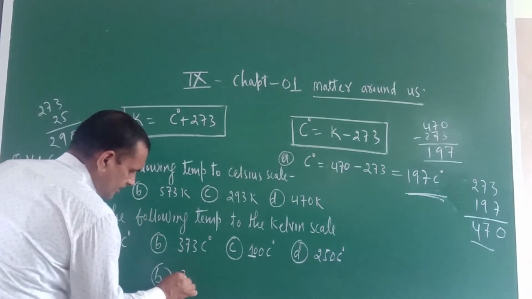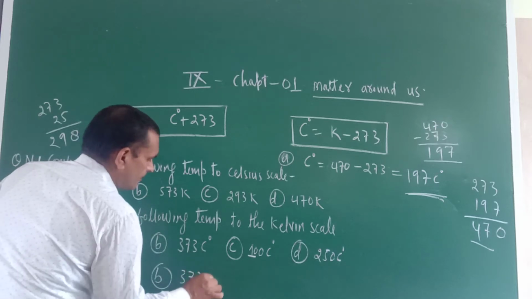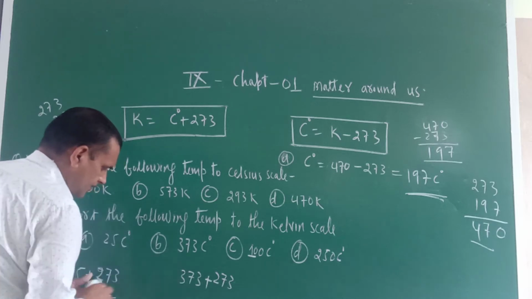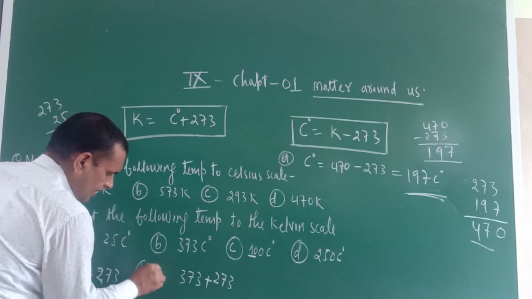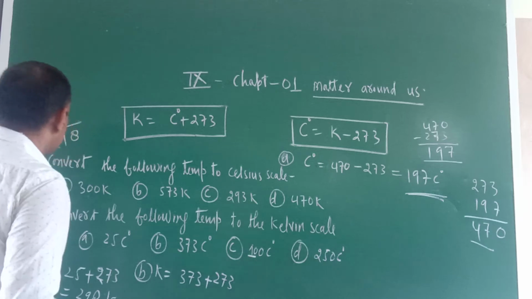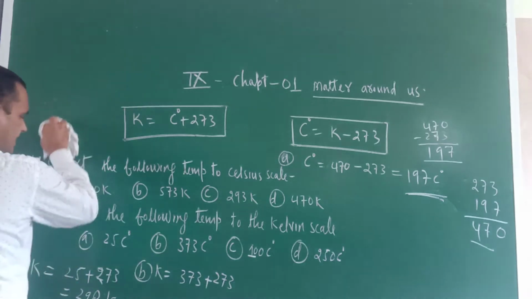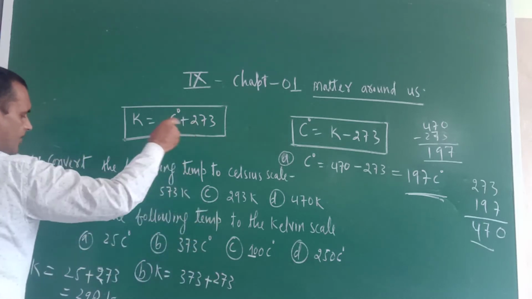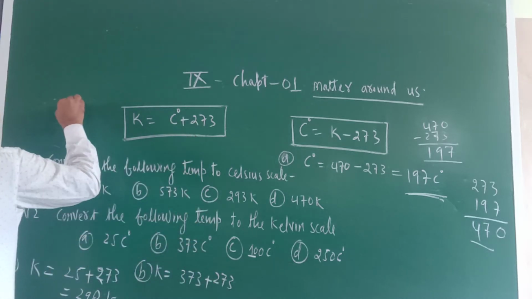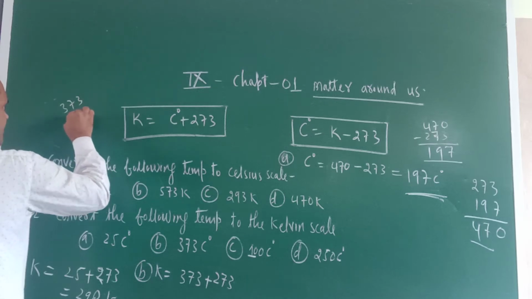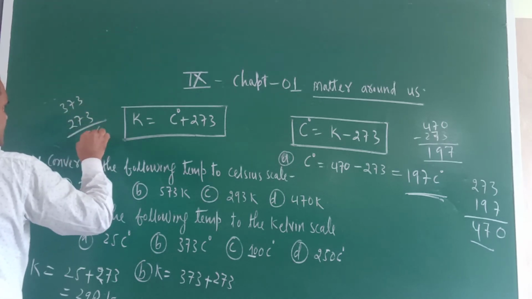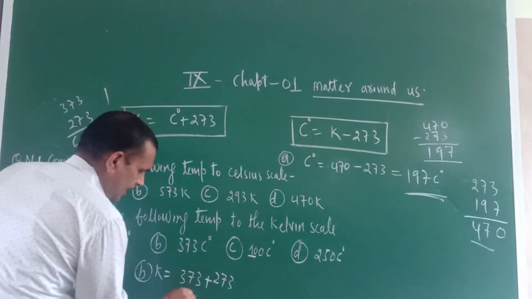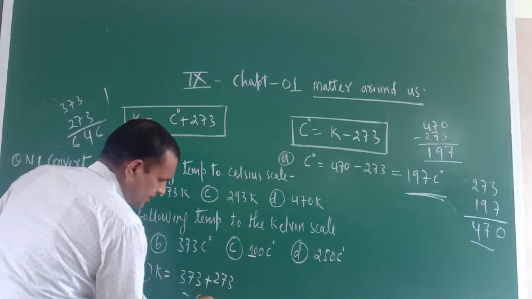In B, what is there? 373 plus 273. So K equal to 373 plus 273. Just try to understand here. So 646. That is equal to 646 Kelvin.